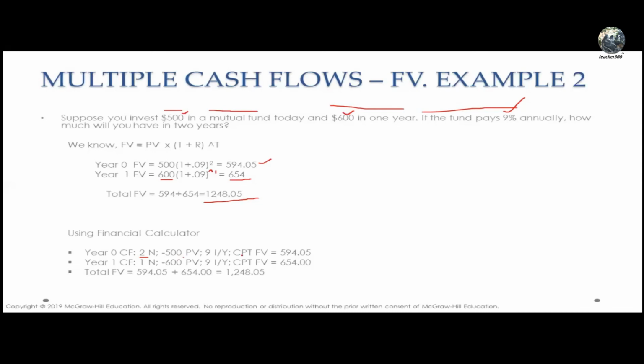Press CPT FV and you will get $594.05. Similarly, you can get the future value in year 1. So altogether, the result is also $1,248.05.